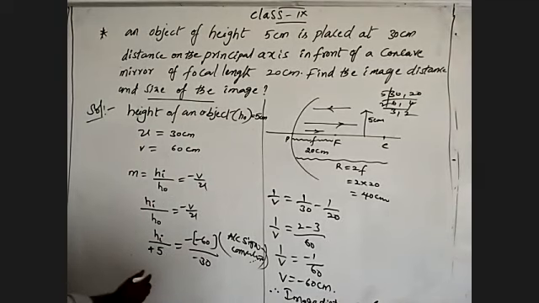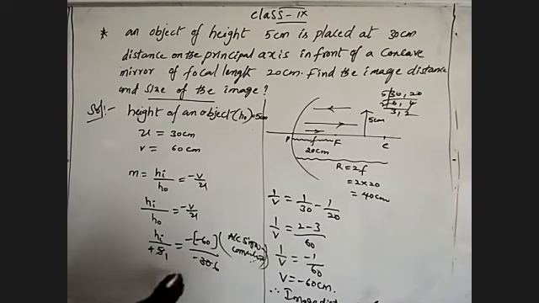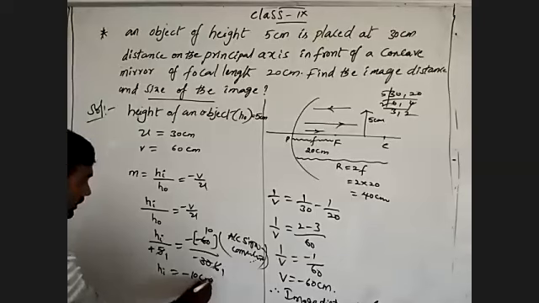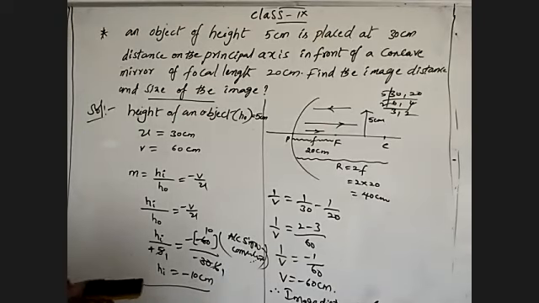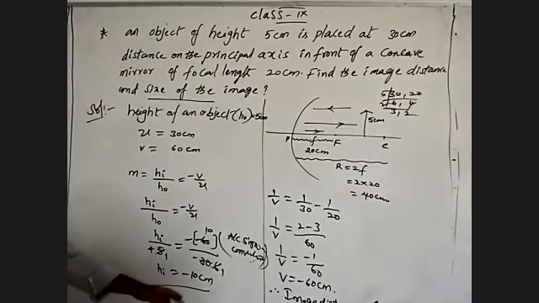So minus into minus is plus, 5 ones are 5, 6 ones are 6, 6 tens are 60 divided by 30. Height of the image is minus into minus plus, plus into minus minus, minus 10 centimeter. The height of the image is 10 centimeter. The height of the object is 5 centimeter.